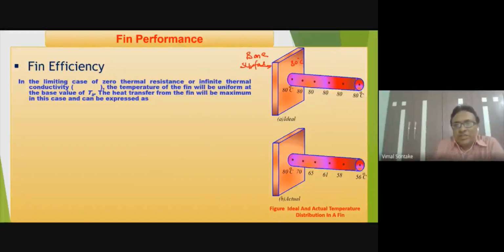The thermal resistance of this fin material is 0, or the thermal conductivity of this fin material is infinite. Under such condition, what happens? The entire fin will have the temperature equal to the base surface temperature, for example 80 degrees Celsius everywhere.